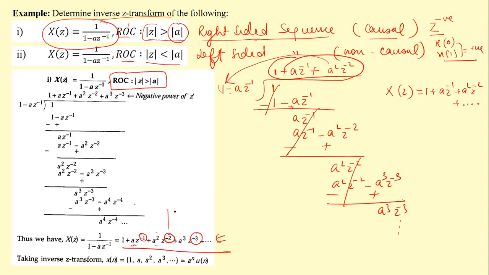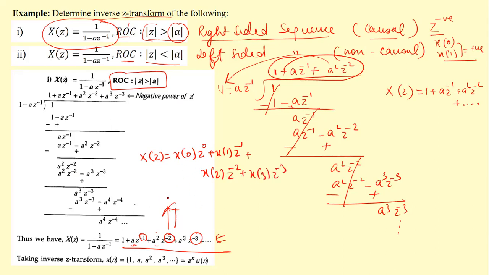Let us compare this with X(z) is equal to x0 z0 plus x1 z minus 1 plus x2 z minus 2 plus x3 z minus 3.